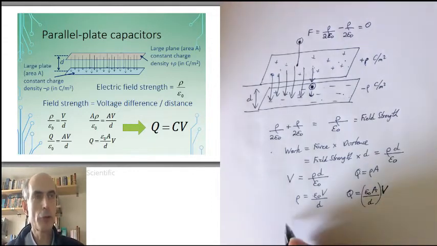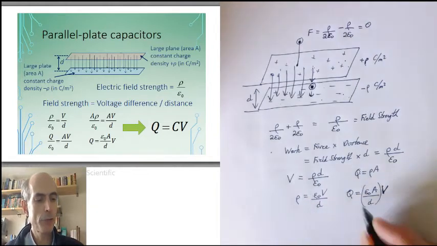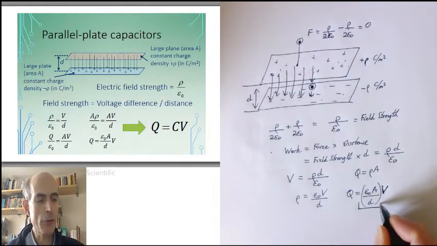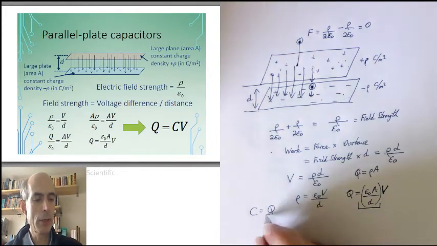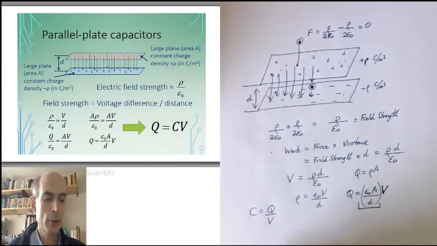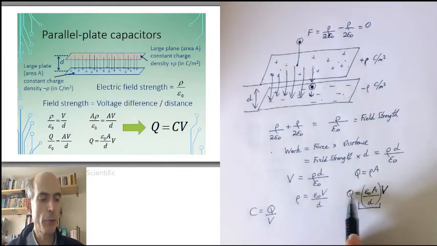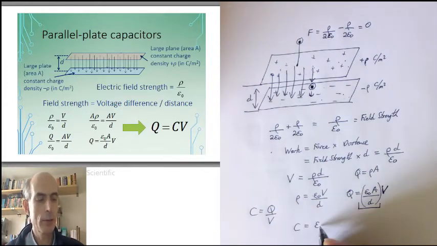Normally, for a capacitor, I would define its capacitance in farads as being the ratio of the charge on one of the plates divided by the voltage. So I can see by comparing these two formulas that the capacitance of this parallel plate capacitor is epsilon naught A over D.